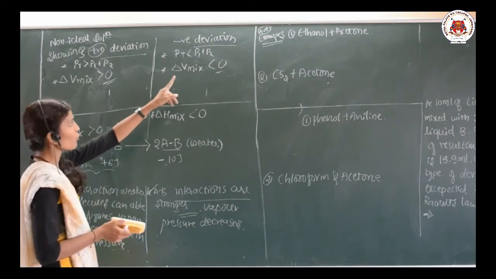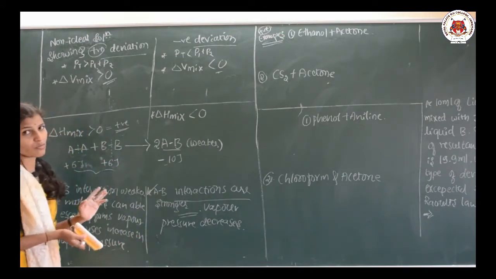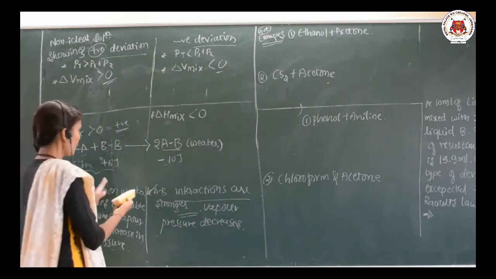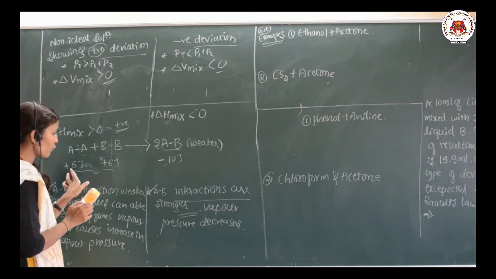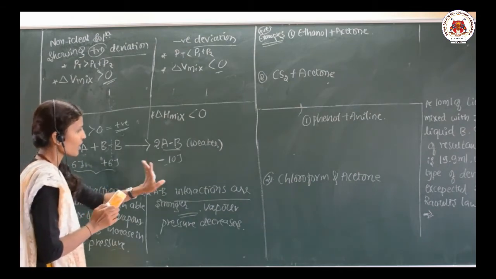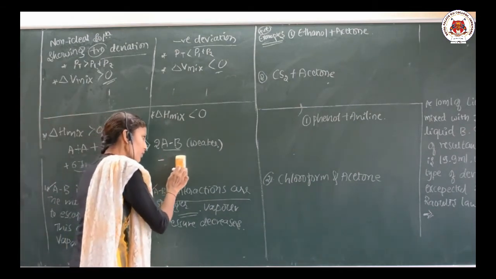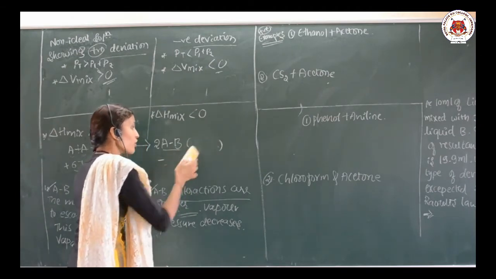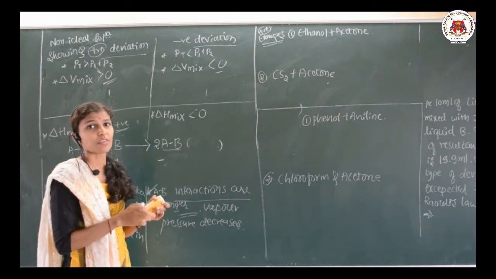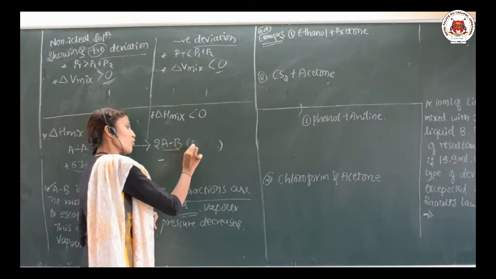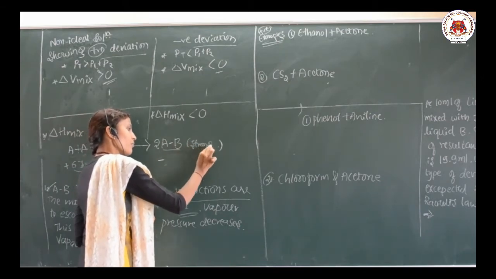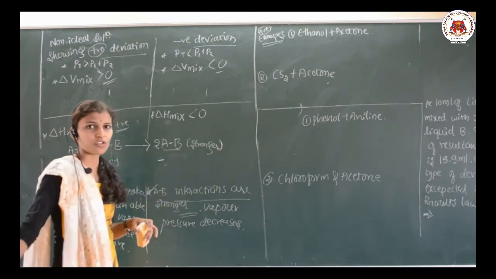Similarly, if I go for the negative deviation, let us take here also 6 joules, and this I will change because AB interactions are stronger.